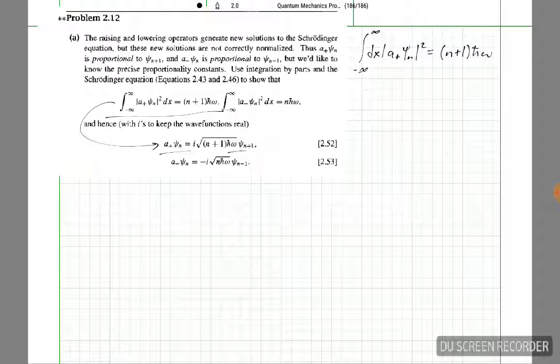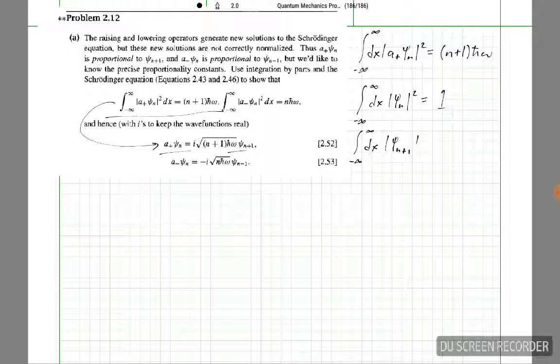So I know that this equals 1, right? I also know that this guy equals 1 because it's normalizable too.